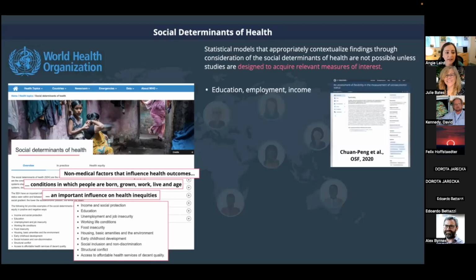But even with these, a pre-registered protocol on OSF, the Open Science Framework, does a really great job of pulling back the curtain and exposing some of the concerns here. This pre-registration reviews the lack of common measurement standards, all the challenges with how we're collecting data on and aggregating these variables and constructing scores that relate to socioeconomic status. And this can lead to a lot of ambiguity and confusion in the field because of the lack of standardization.